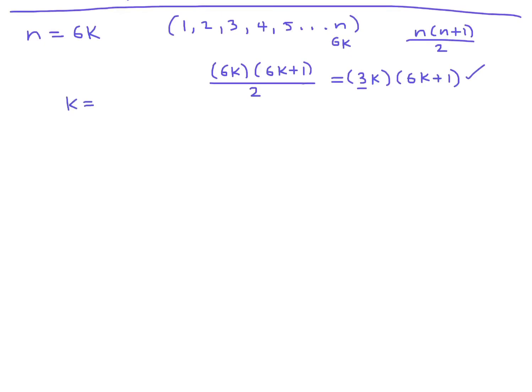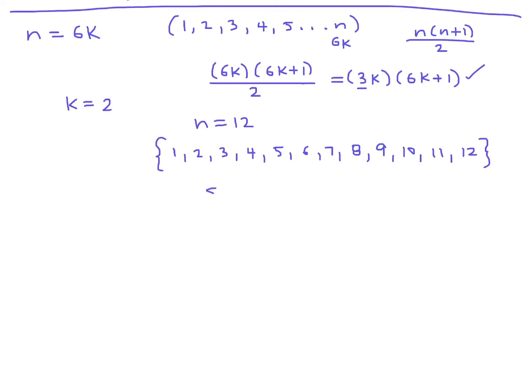Let's say I use k equals 2. Any value, you can use whatever you want. If I use k equals 2, that means n becomes 12. Correct? n is 6k. So that means we've got 1, 2, 3, all the way up till 12. That's my set, right? Now, what is the sum of this?